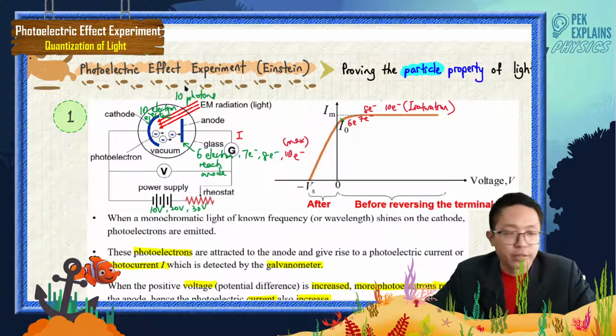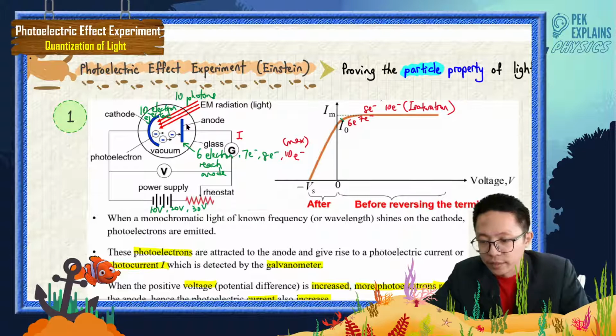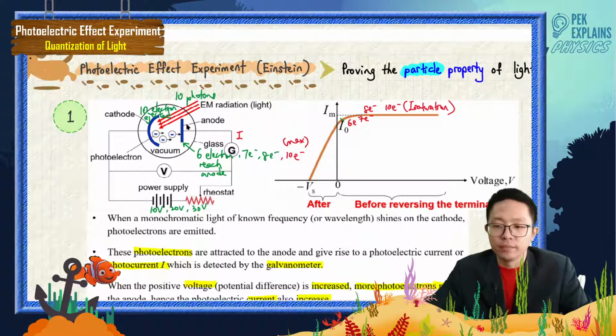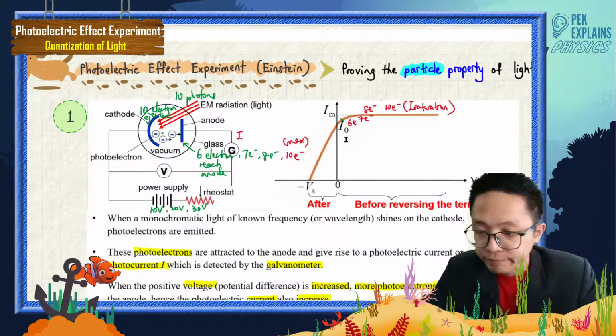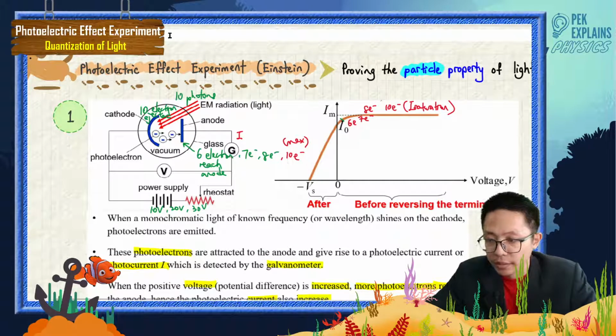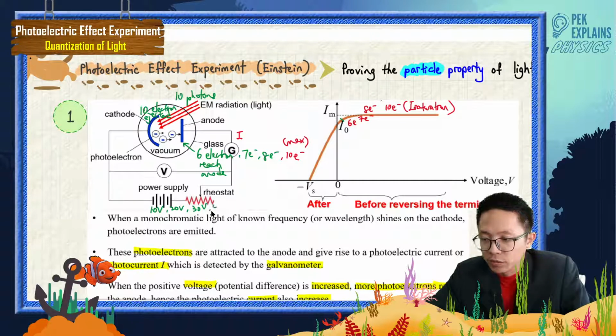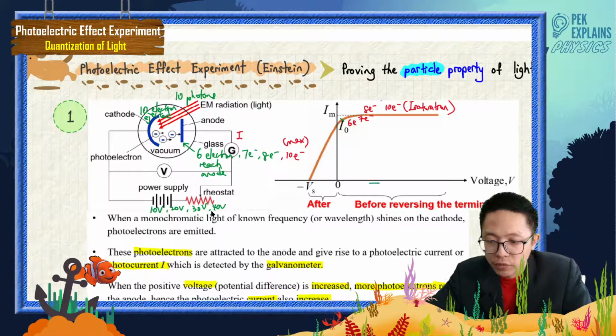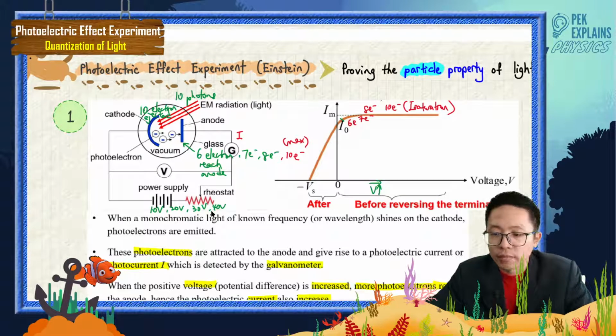If we have 10 electrons reach the anode, that is the maximum, it reaches saturation. As you increase the voltage some more, up to 40 volt and so on, the current also increases.